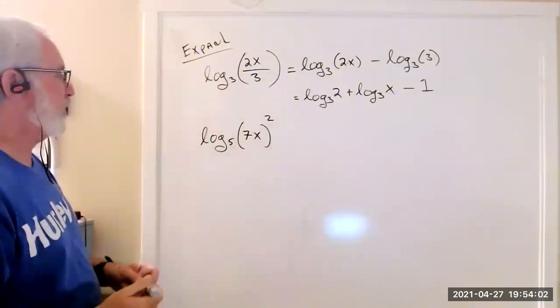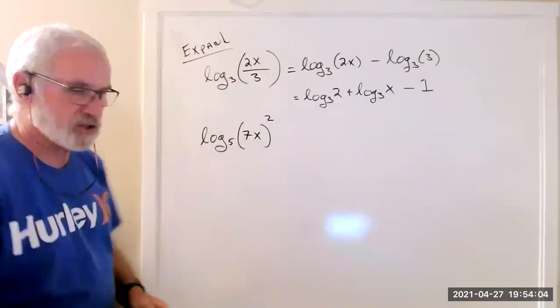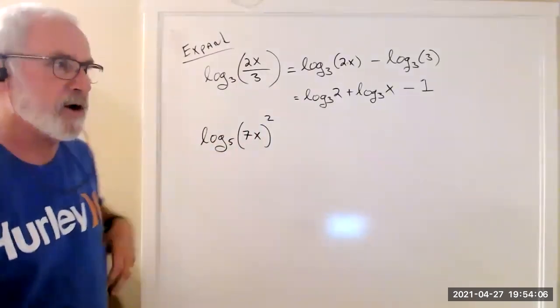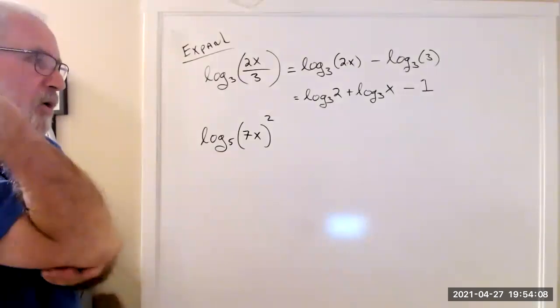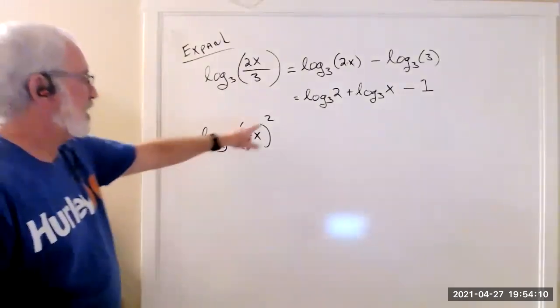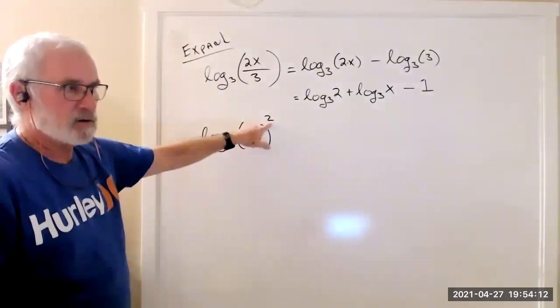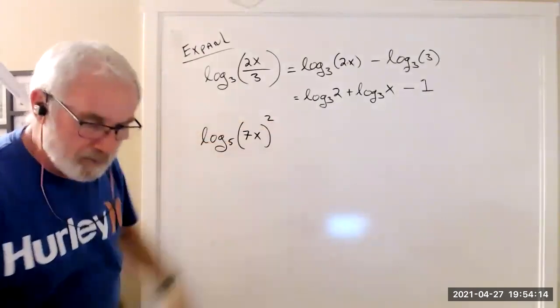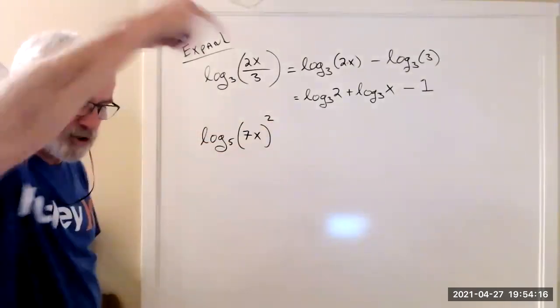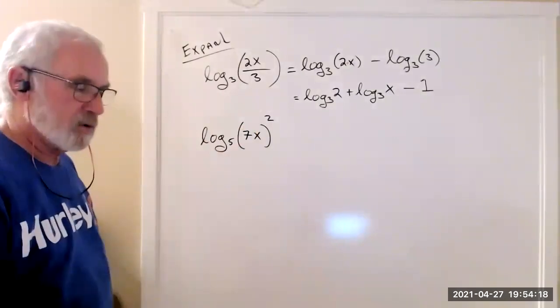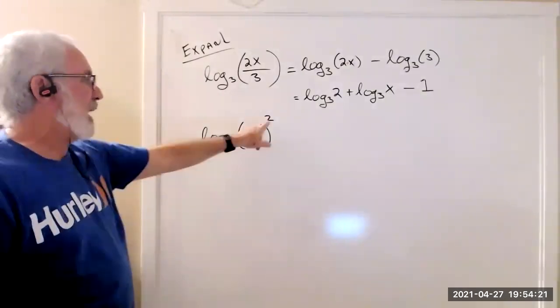The log base 5 of 7x quantity squared. Well, the first thing I see is the power. So go up and look at the power rule. It's the third one down. What can I do with that power of 2?